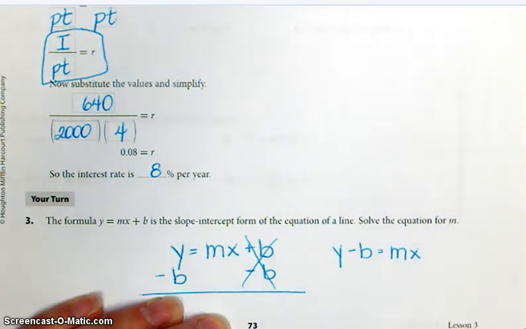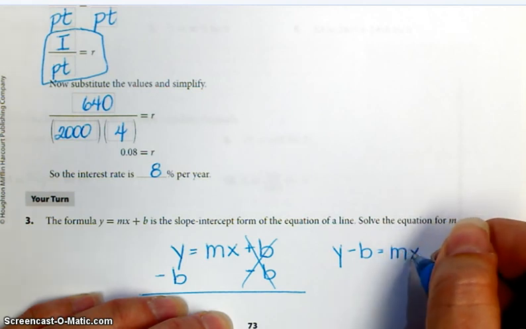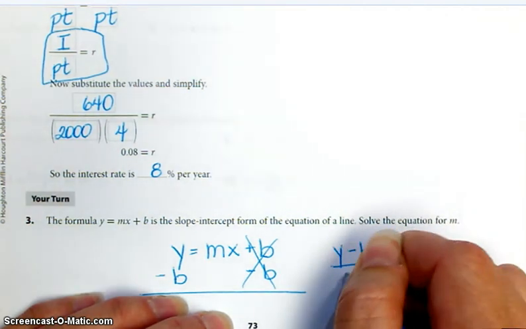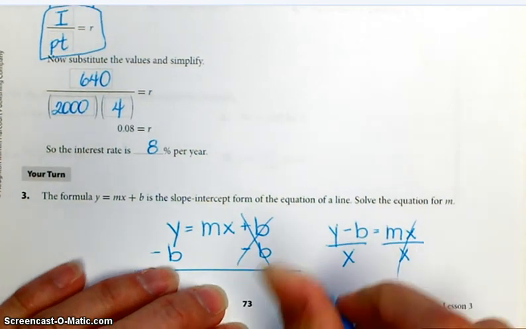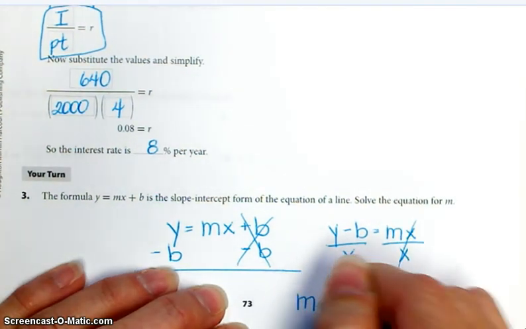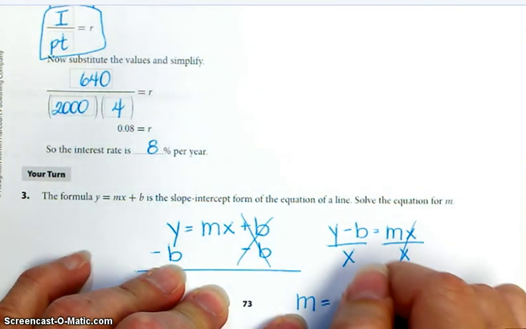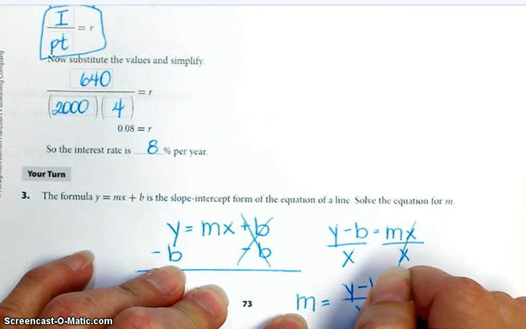You're solving for m. So if m is multiplied by x, doing the opposite should move it. Divide by x, divide by x. Gets rid of it there. Clean it up. I like putting my variable that I'm solving for on the left. So m, which is slope, is y minus b over x.